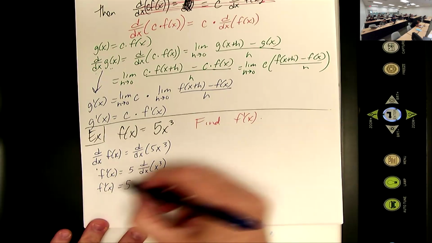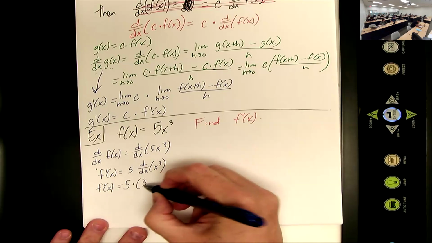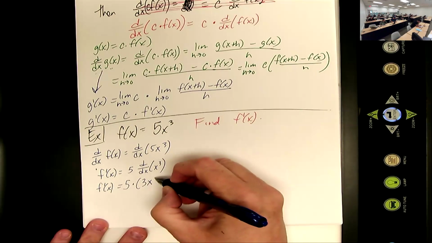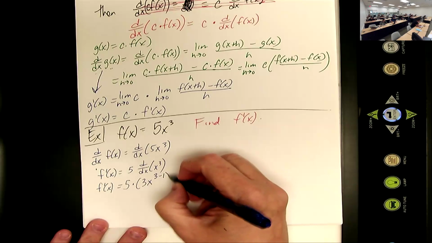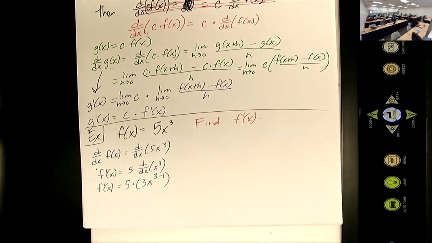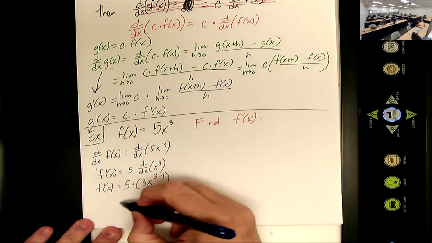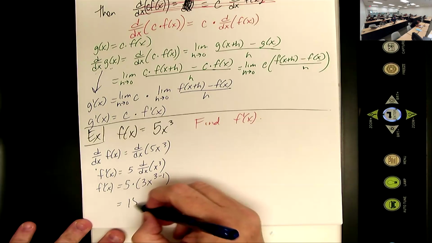And then taking the derivative of what's inside, we bring the power down in front. We lower the power by 1. And we get 5 times 3 is 15x squared.